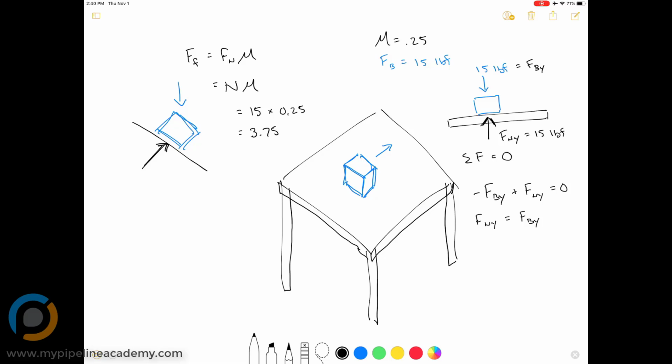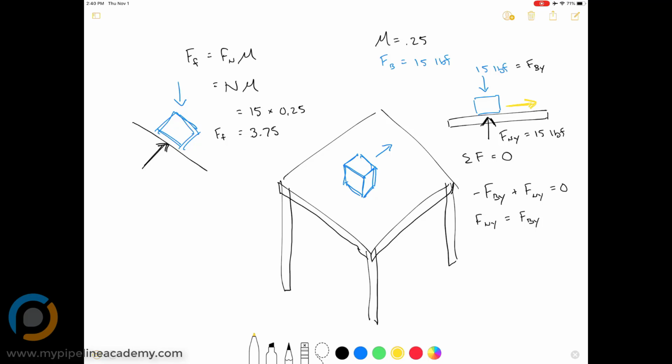So yeah, I think that's right. So our frictional force equals 3.75. In other words, let's talk about what that really means, the frictional force. We're trying to figure out how much force it takes to pull or slide that block in this direction. Well, it's going to take 3.75 pounds of force to slide that block.